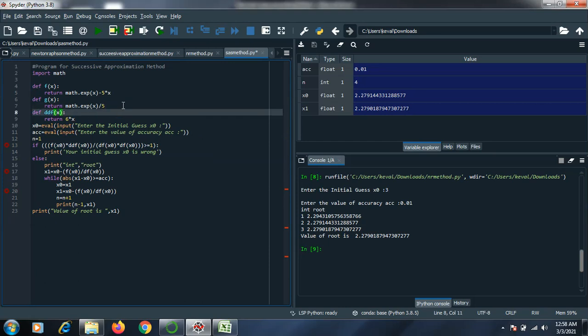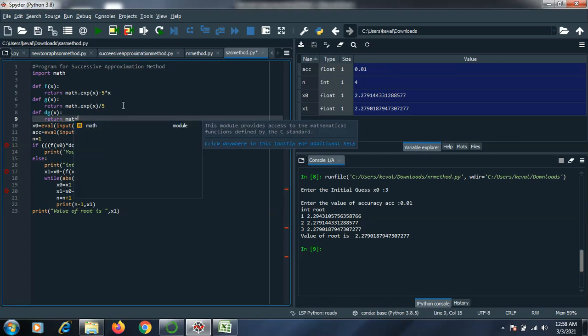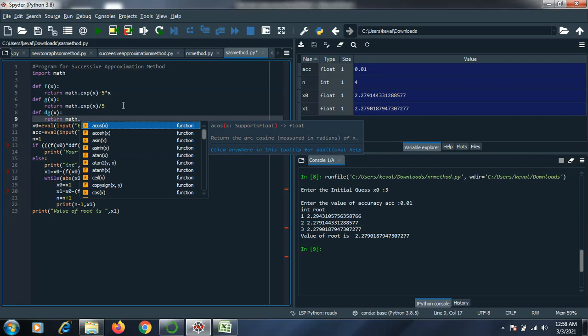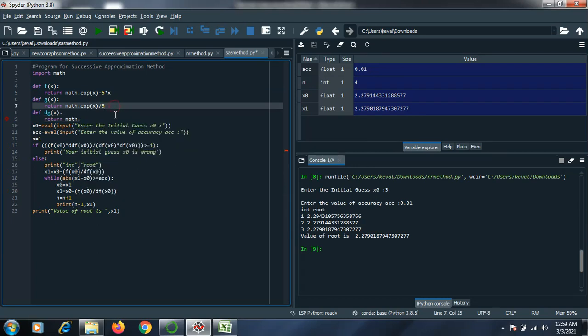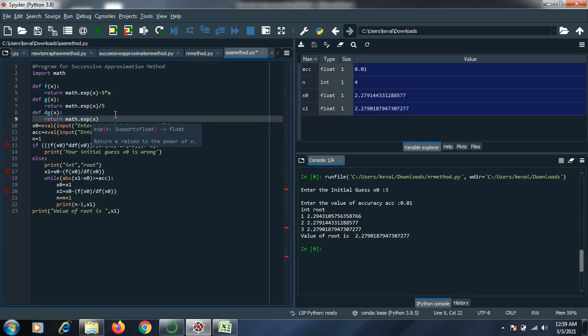Further, I need to enter the value of dg. So the value of dg is math.exp, as the first derivative of e raised to x divided by 5 will remain the same. So we are going to have exp(x divided by 5).